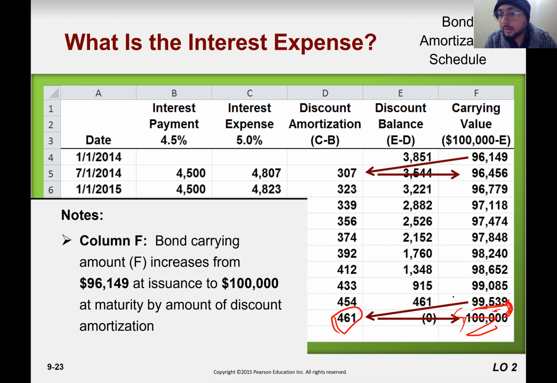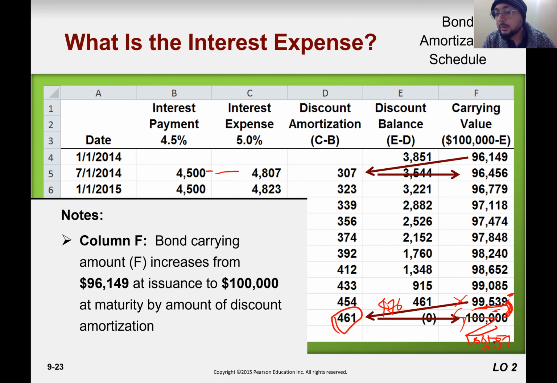It doesn't mean that you multiply this with 5% and then take the difference between interest payment and interest expense. So this is 476. But if you add 476 to this amount, it will be 100,015, so 15 is above.